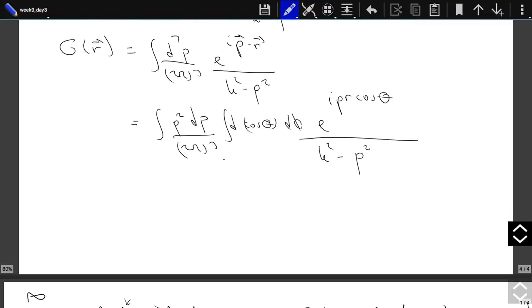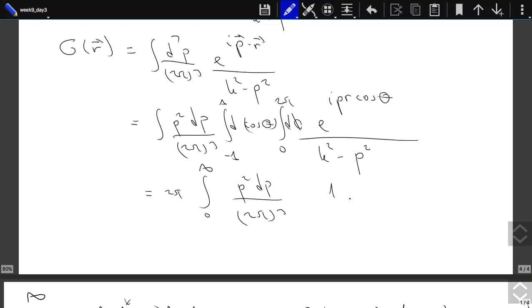Now cosine theta goes from minus 1 to 1, and phi goes from 0 to 2 pi. Nothing depends on phi. So this is equal to 2 pi times the integral from 0 to infinity of p squared dp over 2 pi cubed, times 1 over k squared minus p squared.